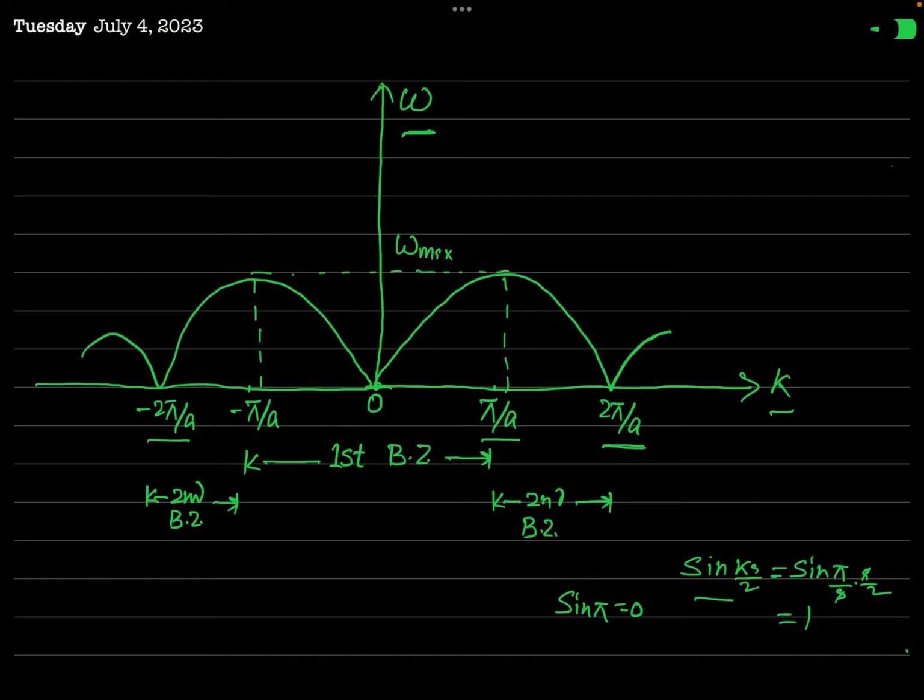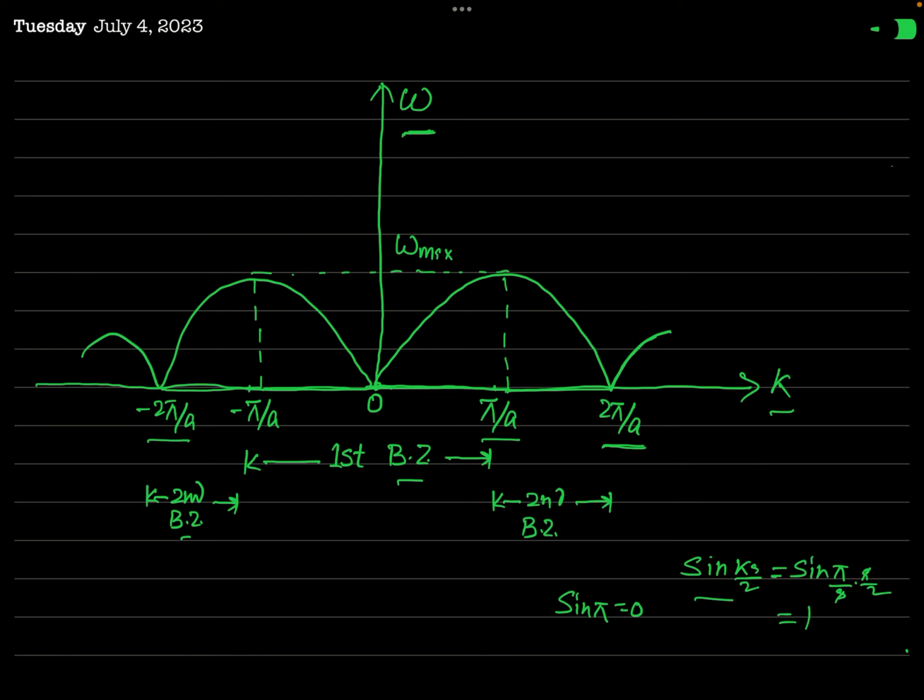Okay, you have also seen in the previous lecture that the region between k equal to minus pi by a to plus pi over a is called the first Brillouin zone, and the regions on the two sides which lie between pi over a and 2 pi over a is the second Brillouin zone, and also the region between minus pi by a to minus 2 pi by a, for these values of k, you get again the second Brillouin zone.